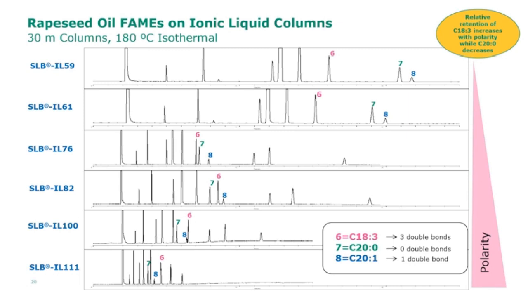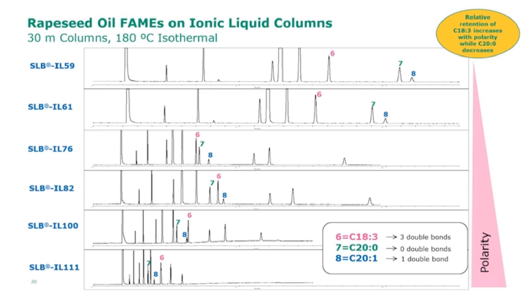And you can see as we go from the SLBIL59, we start reducing the analysis time. But once we get to around the SLBIL82 phase, we start to see a shift where now the C20 saturated FAME is eluting prior to the C18:3. As we go to the SLBIL100, the C18:3 peak actually elutes after the C20 with 1 double bond.